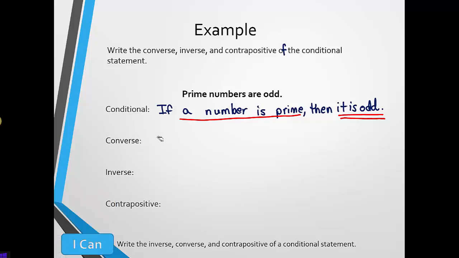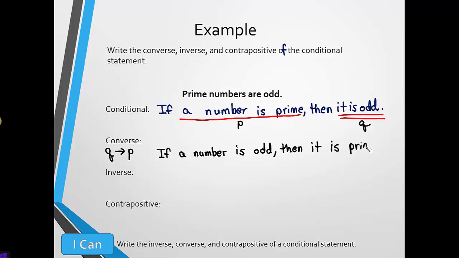So to write the converse, this is Q implies P. This is P and this is Q. So the converse would be if a number is odd, then it is prime. That's the converse of my conditional statement.